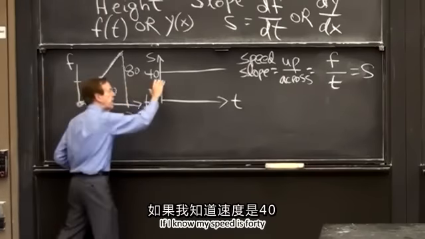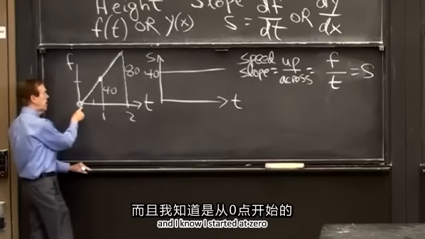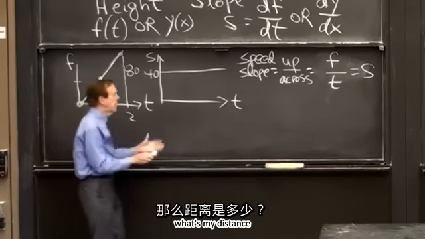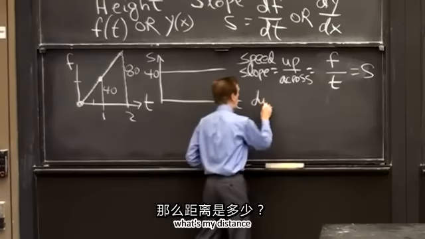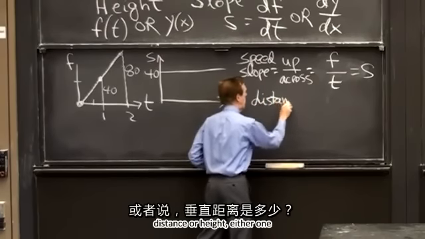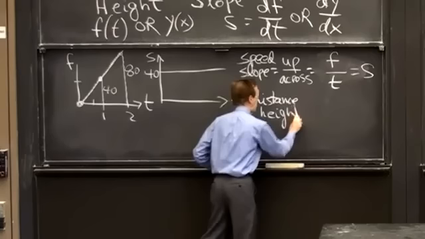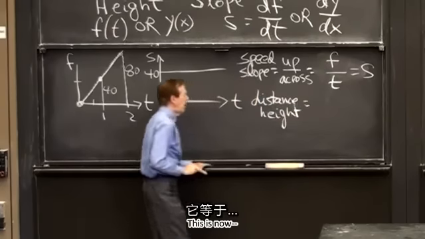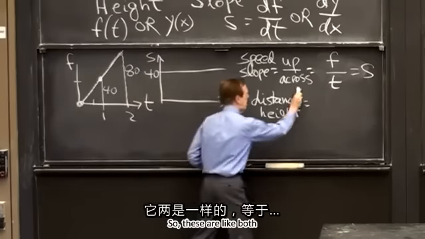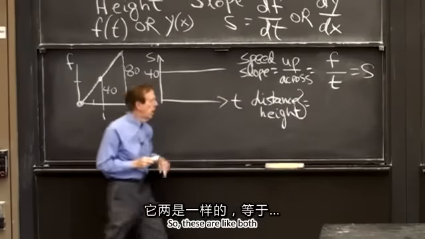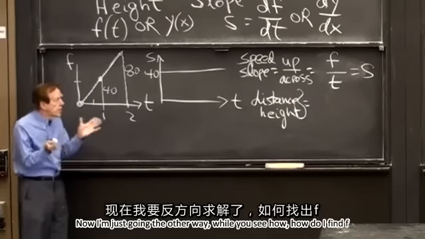If I know my speed is 40 and I know I started at 0, what's my distance? Distance or height, either one. Now I'm just going the other way.